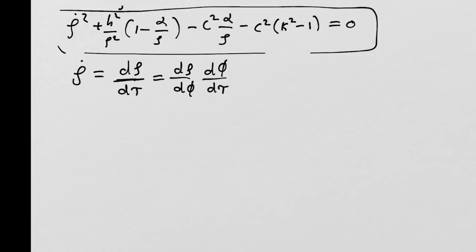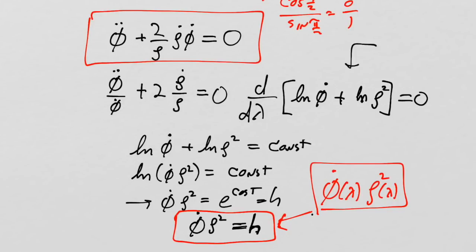Now, d phi d tau we actually know from the constant of the motion, from this expression here: d phi d tau times rho squared equals h.